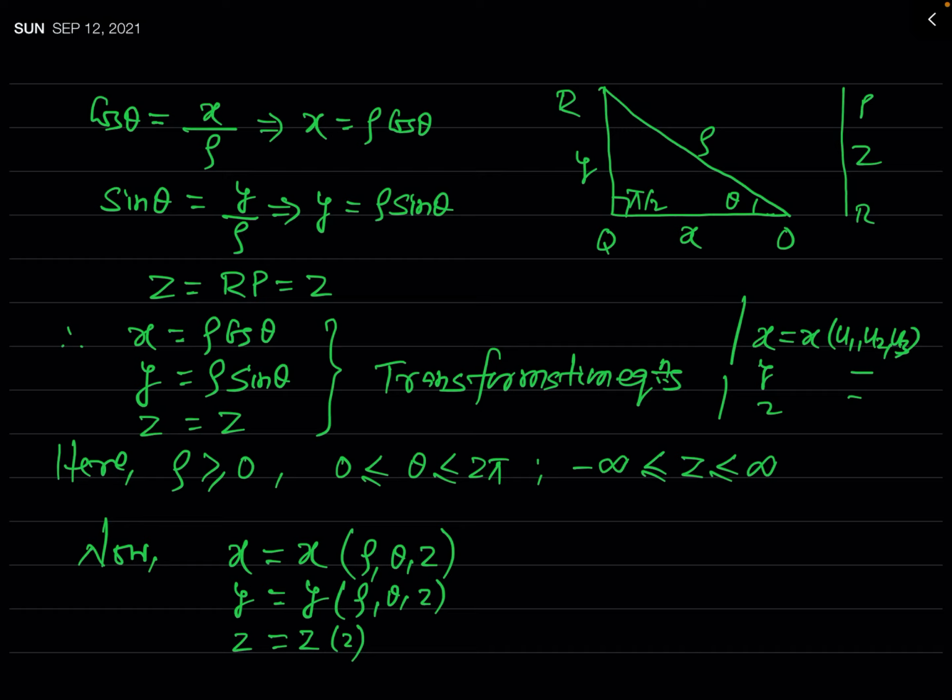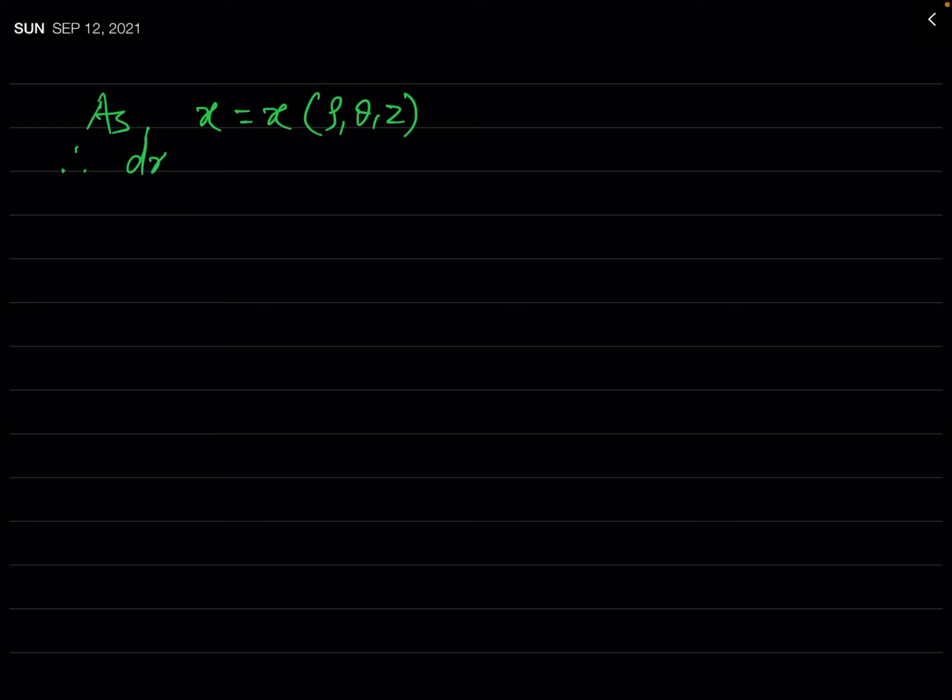As x is a function of rho, theta, z, you can easily find dx. As x is equal to x of rho, theta, z, therefore dx will be what? Since x is a function of 3 independent variables, to find the value of dx you must follow the rule of partial differentiation.